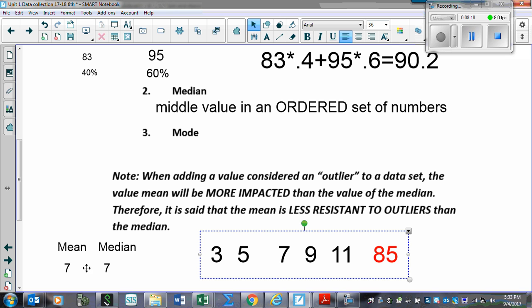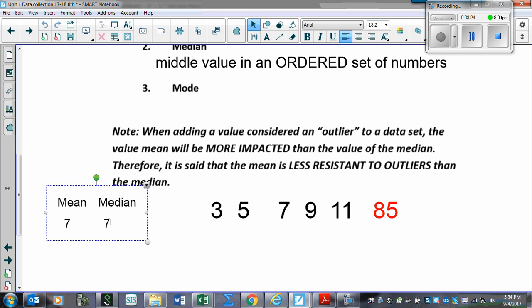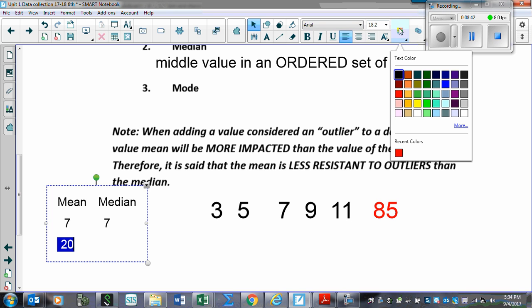Okay. And so the new mean, when we add 85 to that gets us to 120 divided by 6. That works out nicely. And so that new mean is 20. I'll put this in red because this represents the group including the red number.